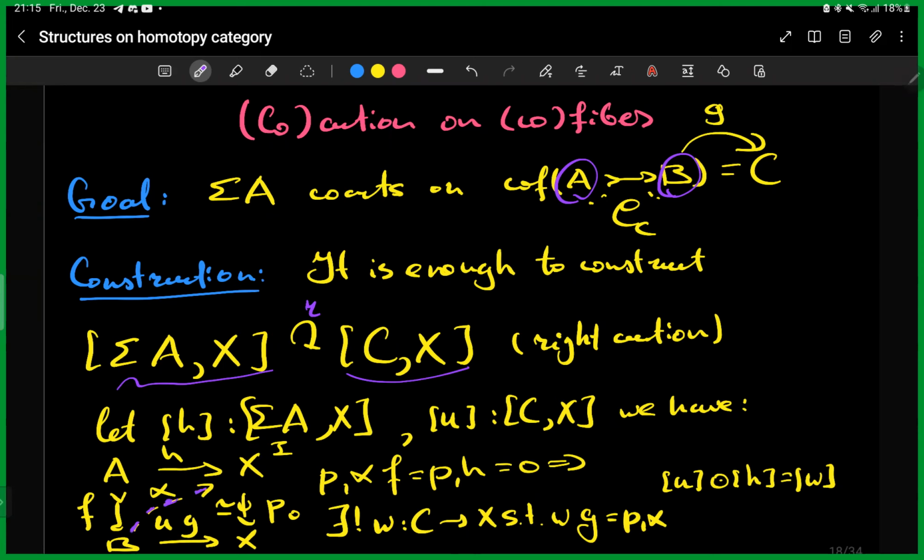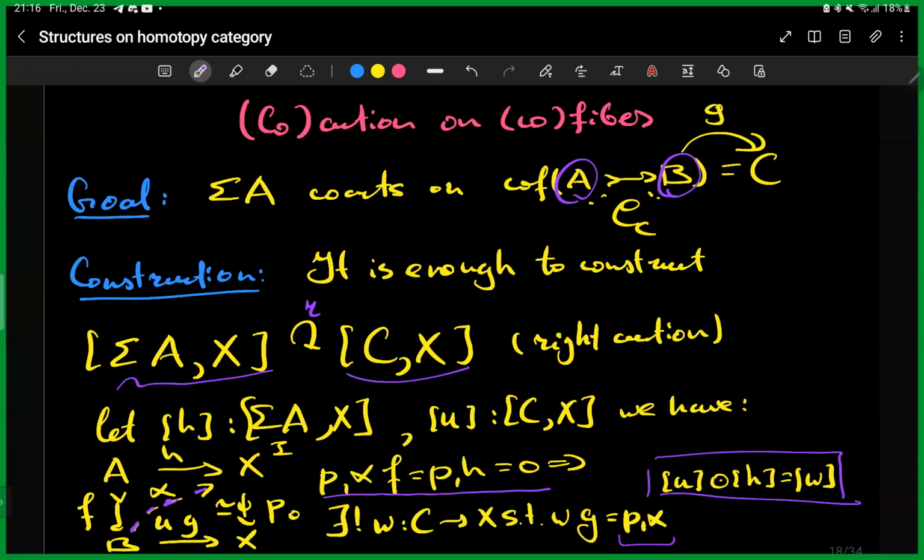And since we have this condition, it means that there exists such a W from C to X, such that WG is equal to P1 alpha, and then we define the action of H, because we should have a right action, on U by taking the class of this map W.